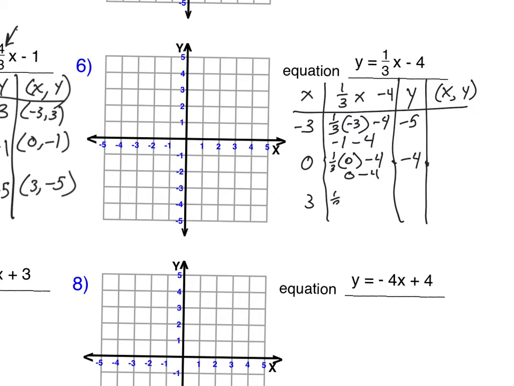+3. 1/3 of 3 is 1. Take away 4 is -3. Okay, so we end up with -3, -5, 0, -4, and 3, -3.